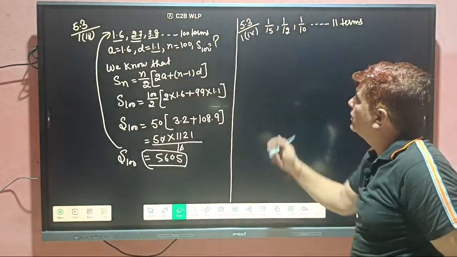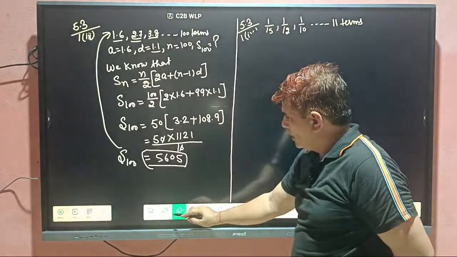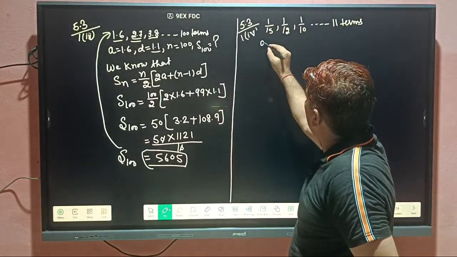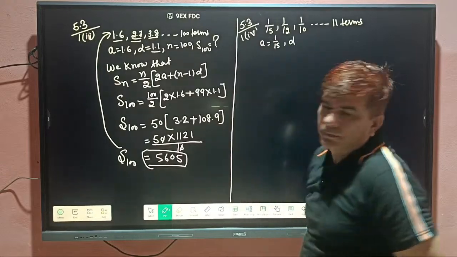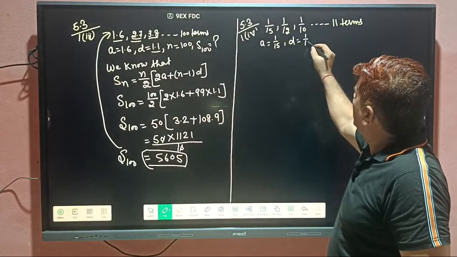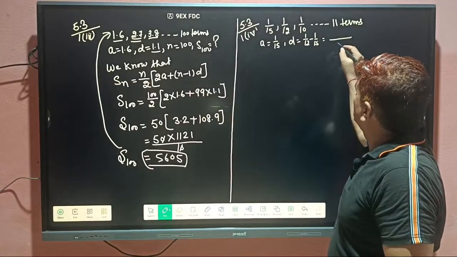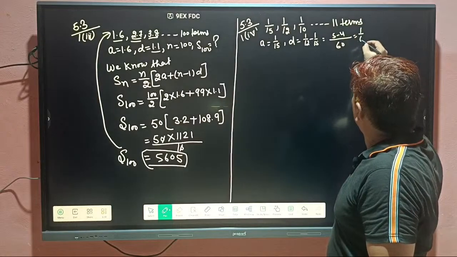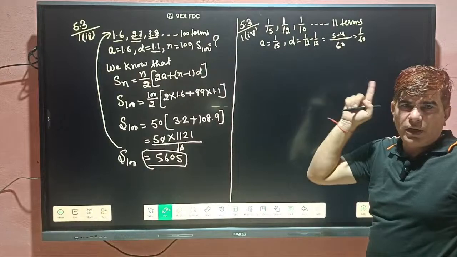So here we can write, what is A here? A means first term. A equal to 1 by 15. What's your D? D we can find equal to 1 by 12 minus 1 by 15. So what's your LCM? 60, 5 minus 4. It means 1 by 60 is your D. You know how to find it?